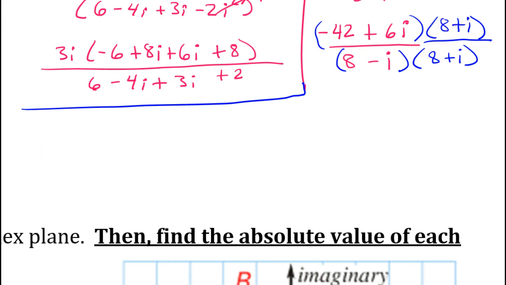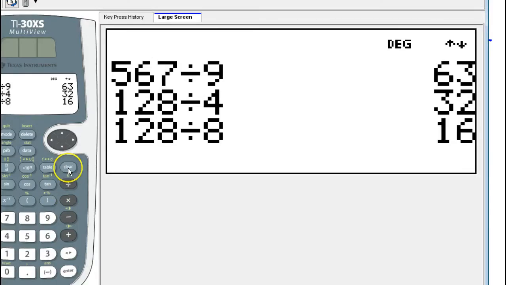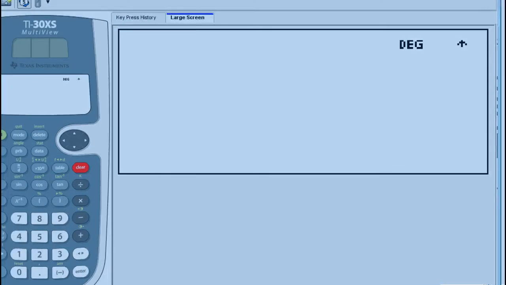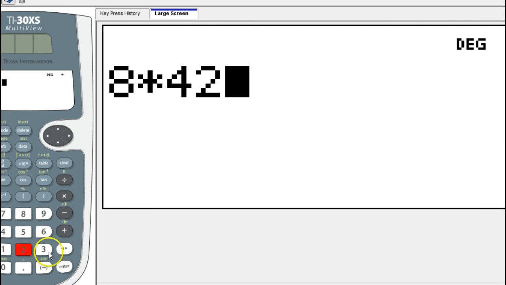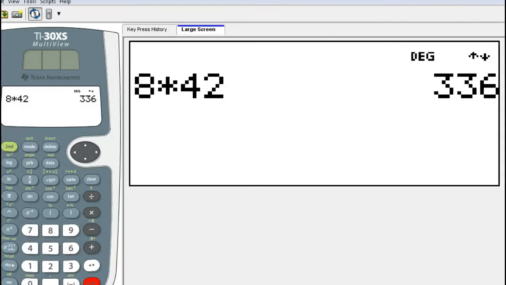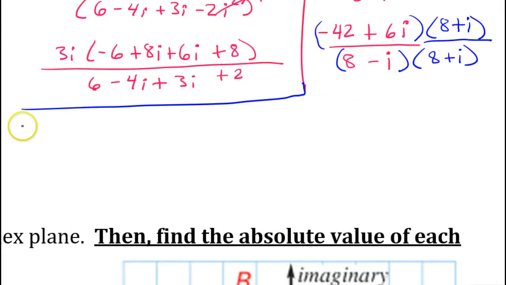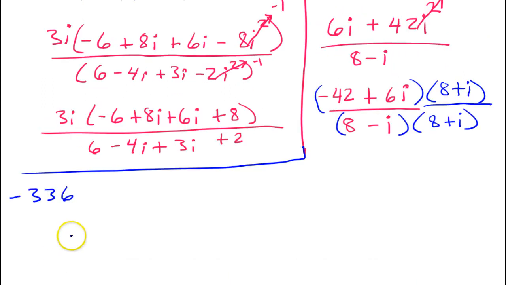Let's see, 8 times 42, okay, that's 336. All right, these are awfully big numbers. So I've got negative 336. And then negative 42 times i is just negative 42i.